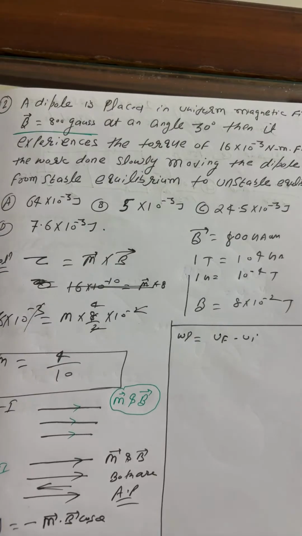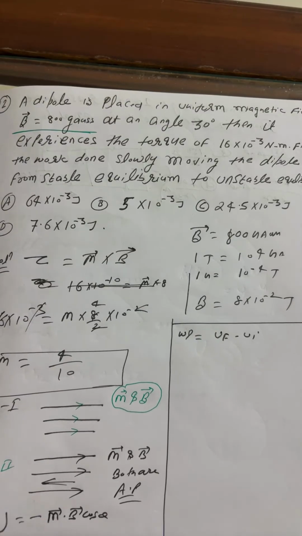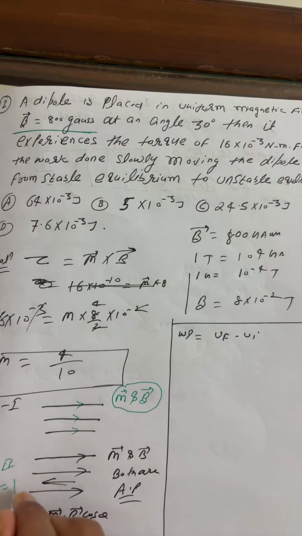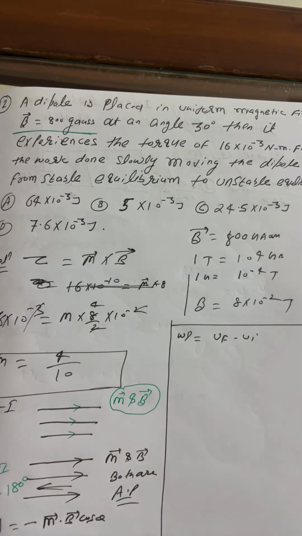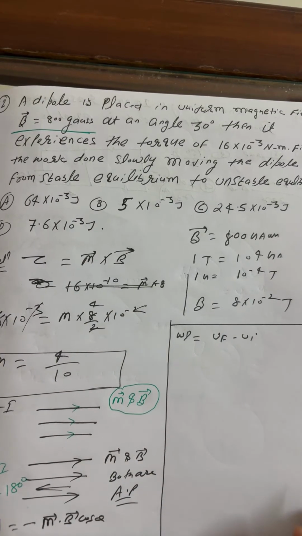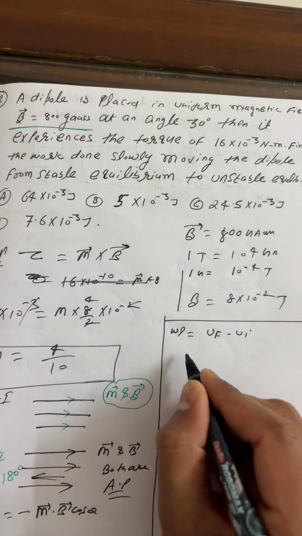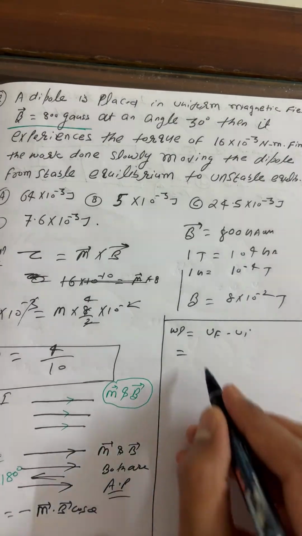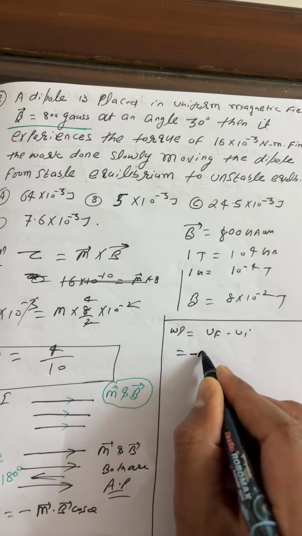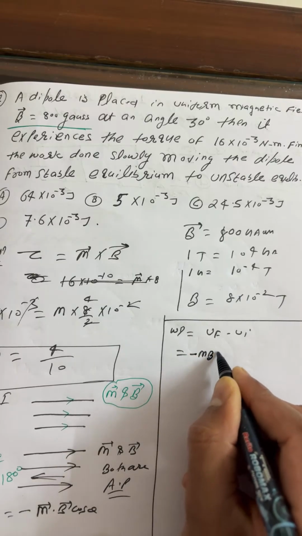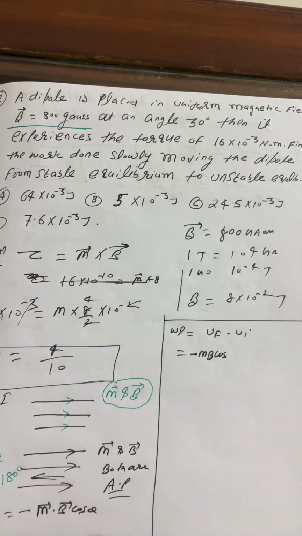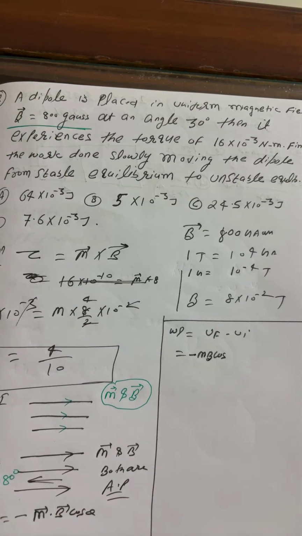Simple, beta. For this unstable condition, you can take theta equals 180 degrees. Theta is 180 degrees, right? So what is U final here? U equals minus M B cos 180 degrees. What is initial in the question?